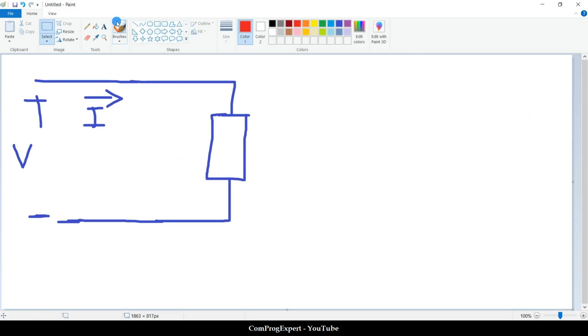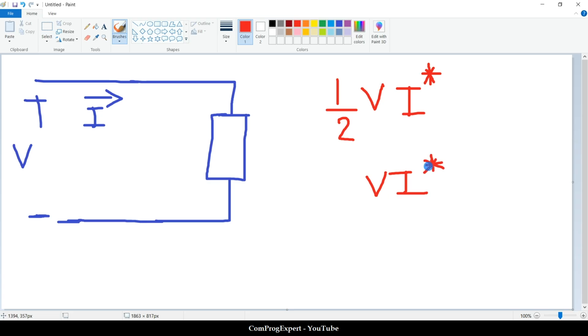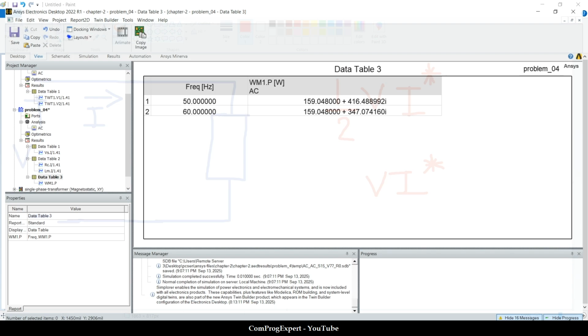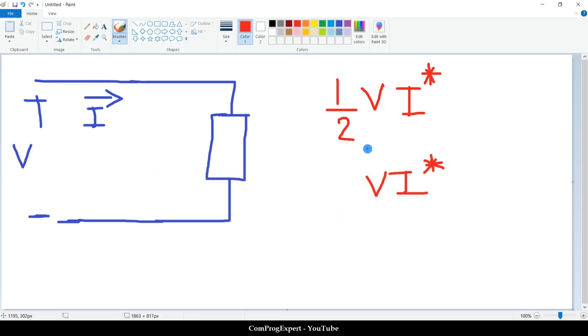It is equal to 1 divided by 2 V times the complex conjugate of I. These are peak values, okay? Or we can write V I complex conjugate for the RMS values. So we use the peak values in ANSYS Simplorer. So if we use this equation, we should divide this by 2.